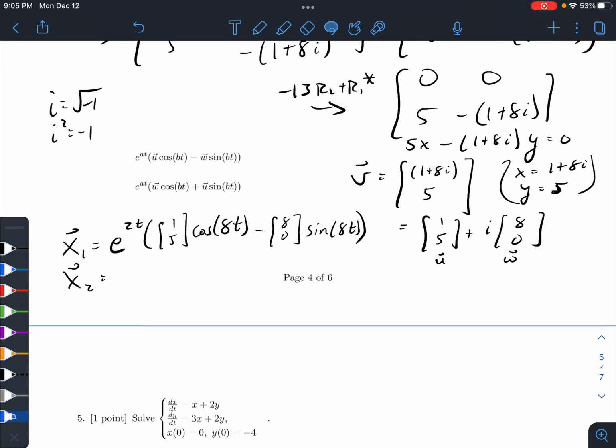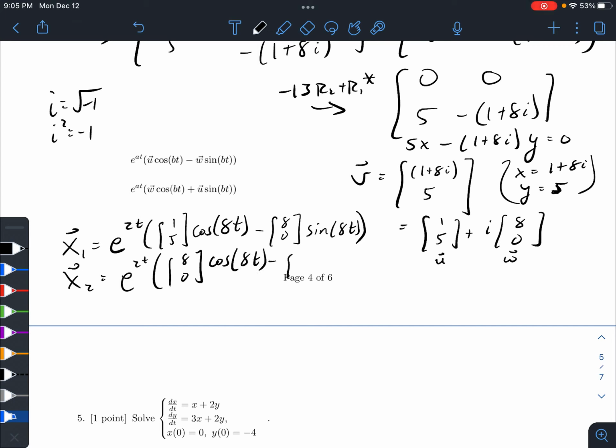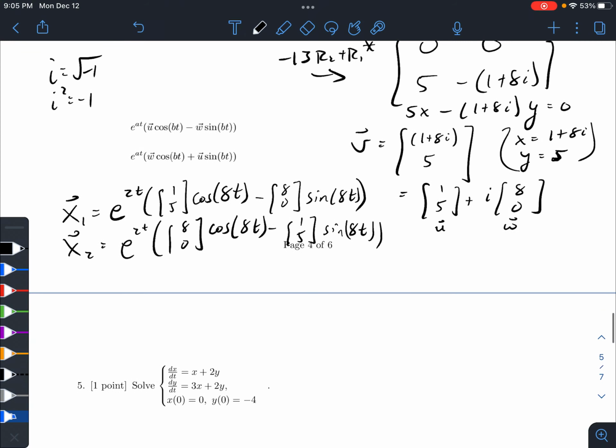Okay, whatever. And then e to the 2t times (8, 0) cosine of 8t minus (1, 5) sine of 8t.